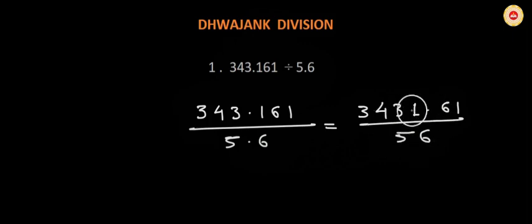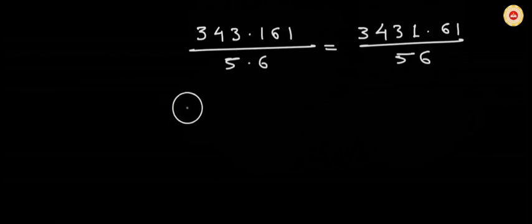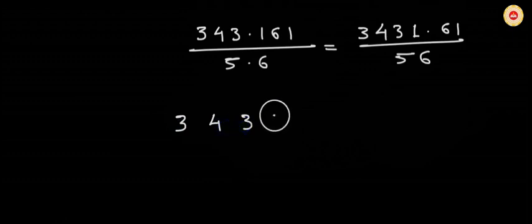Let us use these two numbers, dividend 3431.61 and divisor 56. Let us use Dhwajank division to divide. So let us first write the dividend 3431.61.